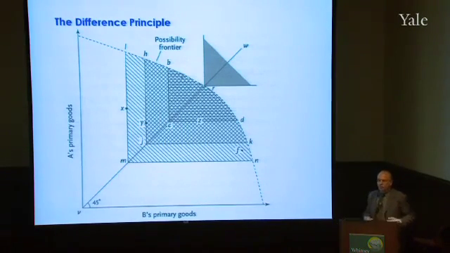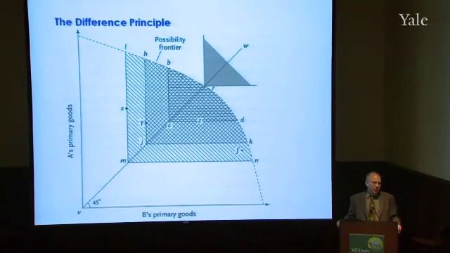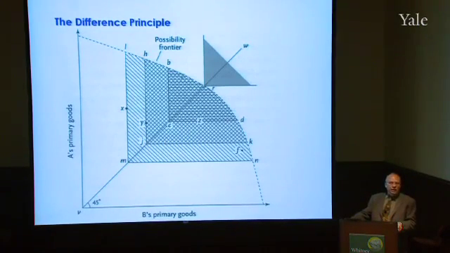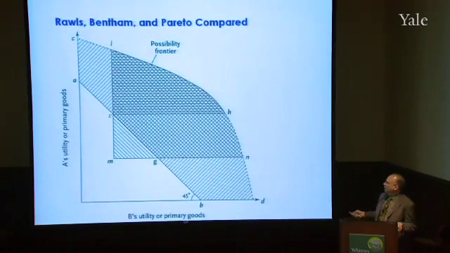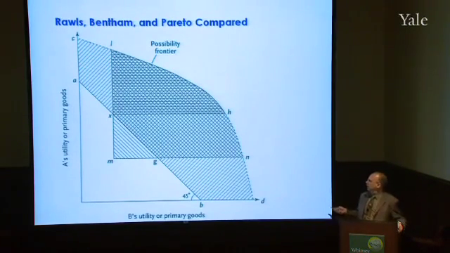Now, sometimes Rawls is called an egalitarian, and as I began to point out to you at the end of Wednesday's lecture, that's really misleading. His principle is rather very underdetermined. That is to say, if we compare it with the Pareto principle, it completely contains within it the Pareto principle.